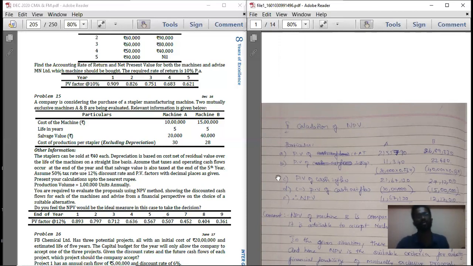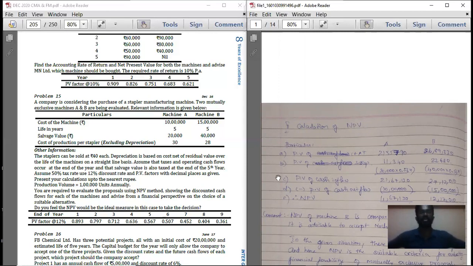So below that record one more comment. In the given problem or in the given case, there is no difference in life in years.